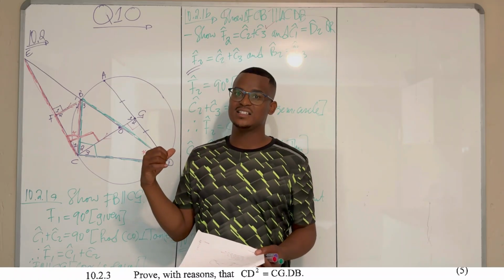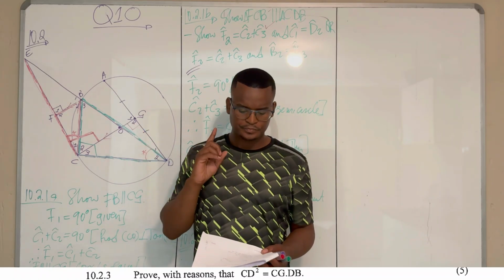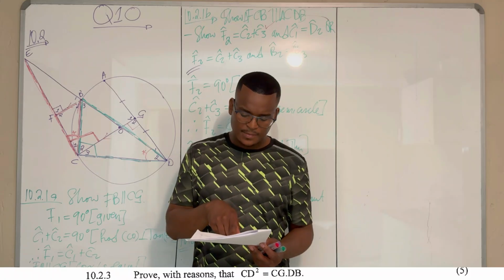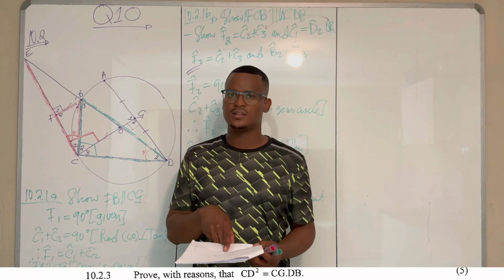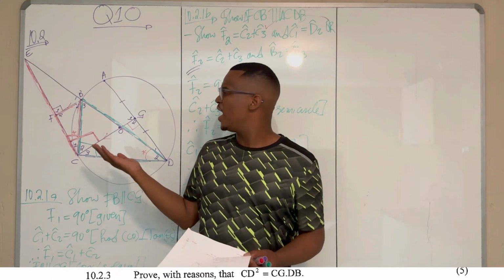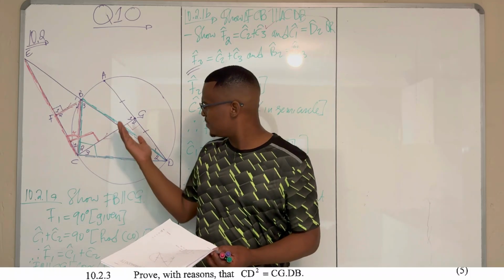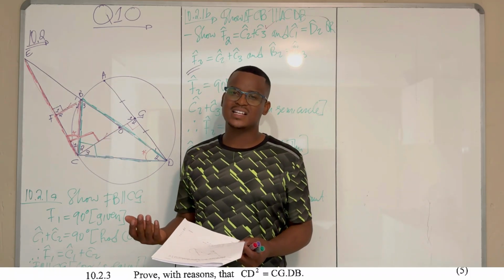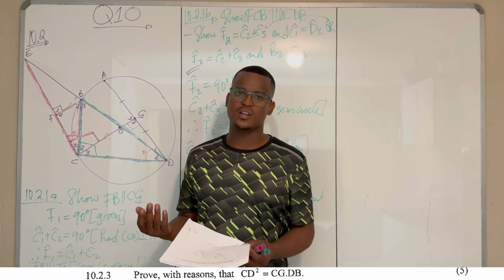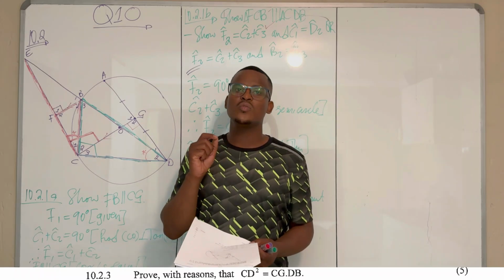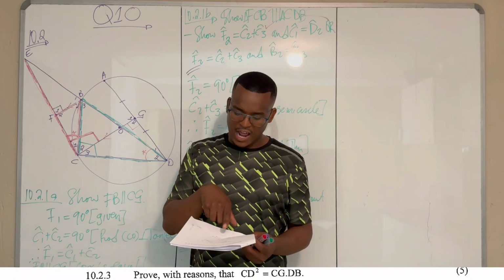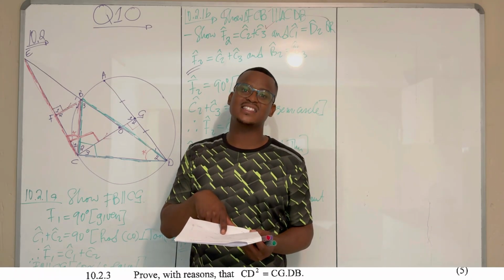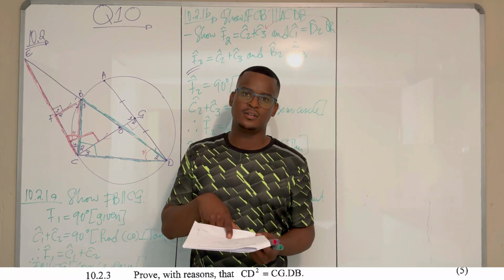I haven't done it yet, but I'm going to teach it as well. So when I see something like CD squared and I have some similarity, the only thing that comes to mind is the Pythagoras theorem. The way I prove the Pythagoras theorem allows me to set up these things like CD squared.